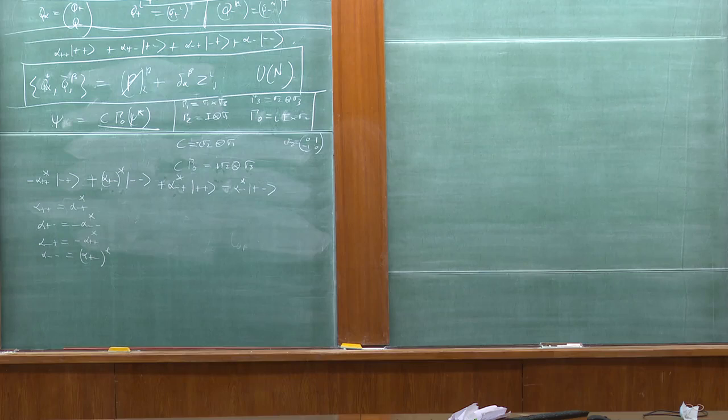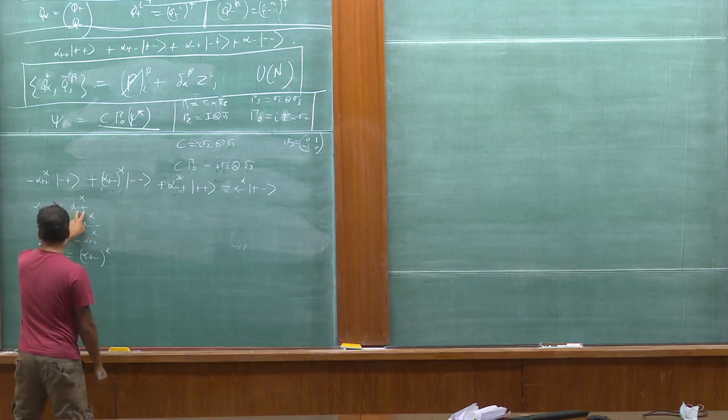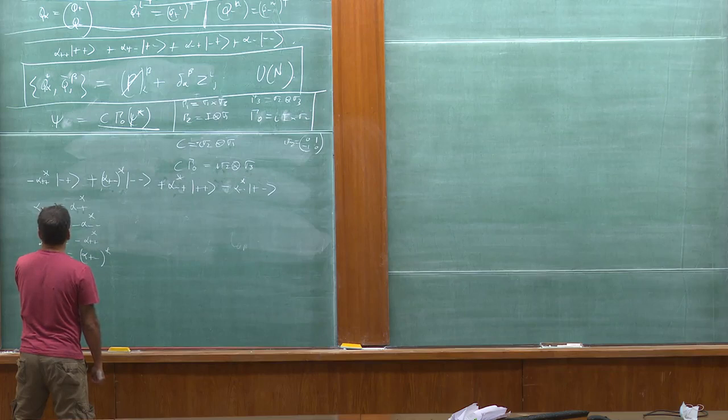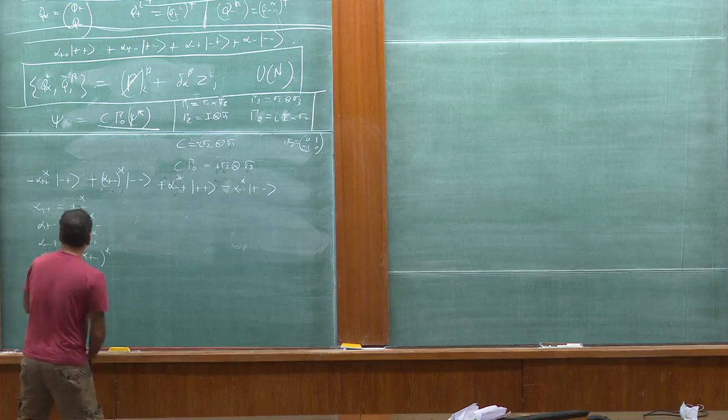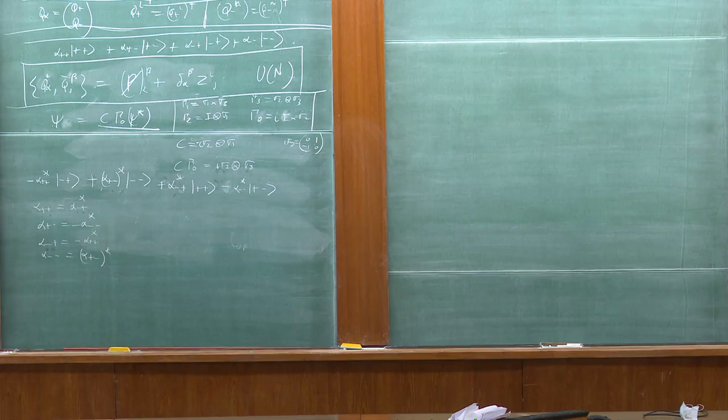I've done something wrong. Plus plus was minus plus star, and minus plus was plus plus star, but I've got an extra minus sign. Just a minute. It's a complex representation, that's correct.